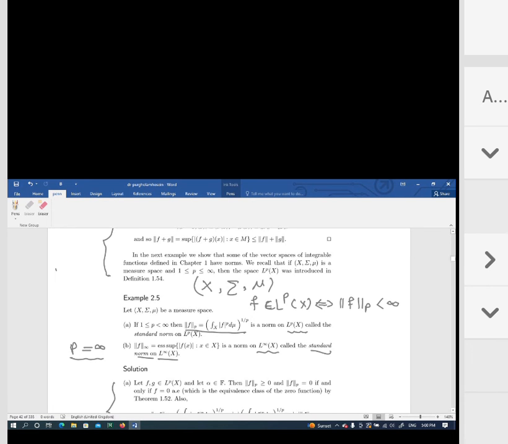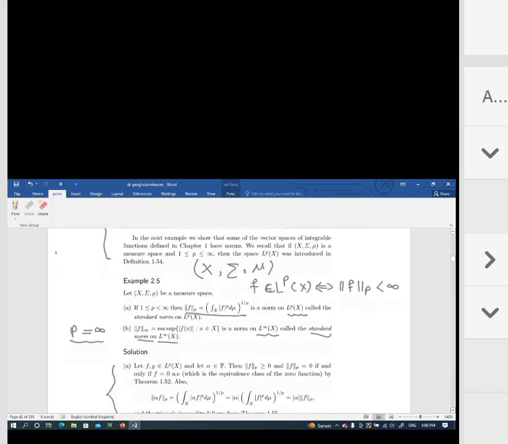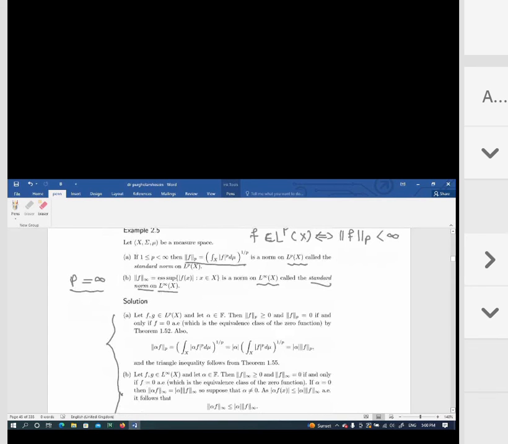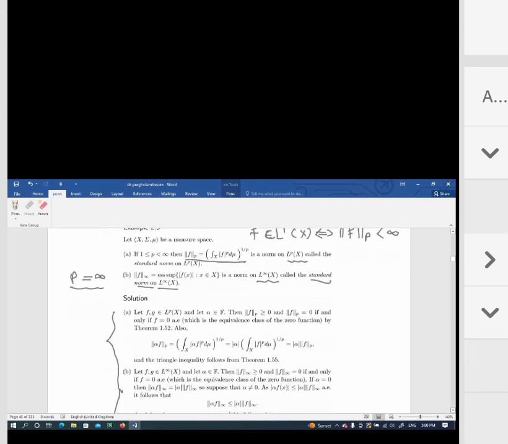You may have seen these norms in Real Analysis 1 or Real Analysis 2. The solution is there, but I skip it.